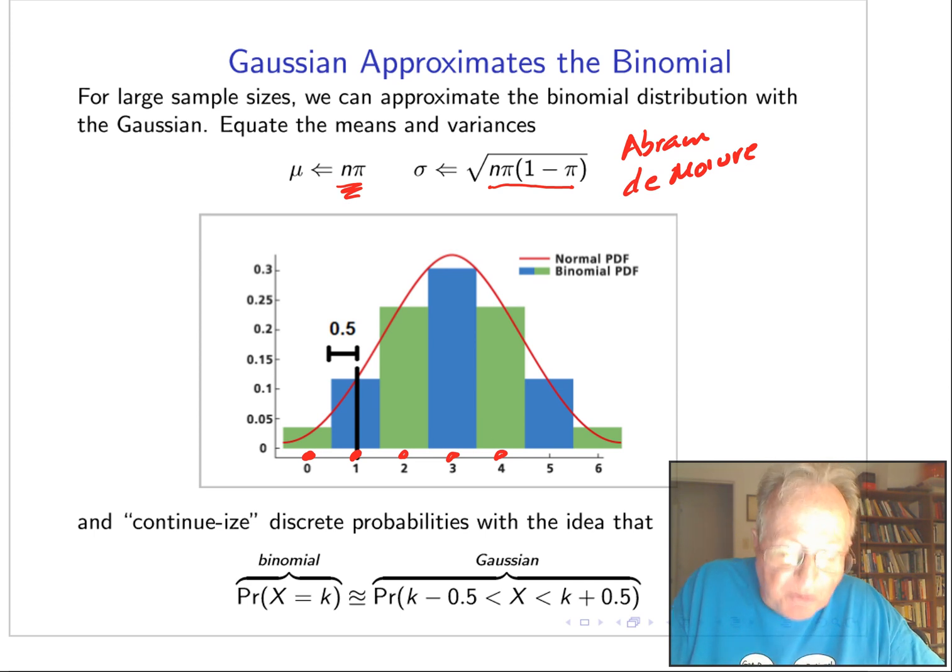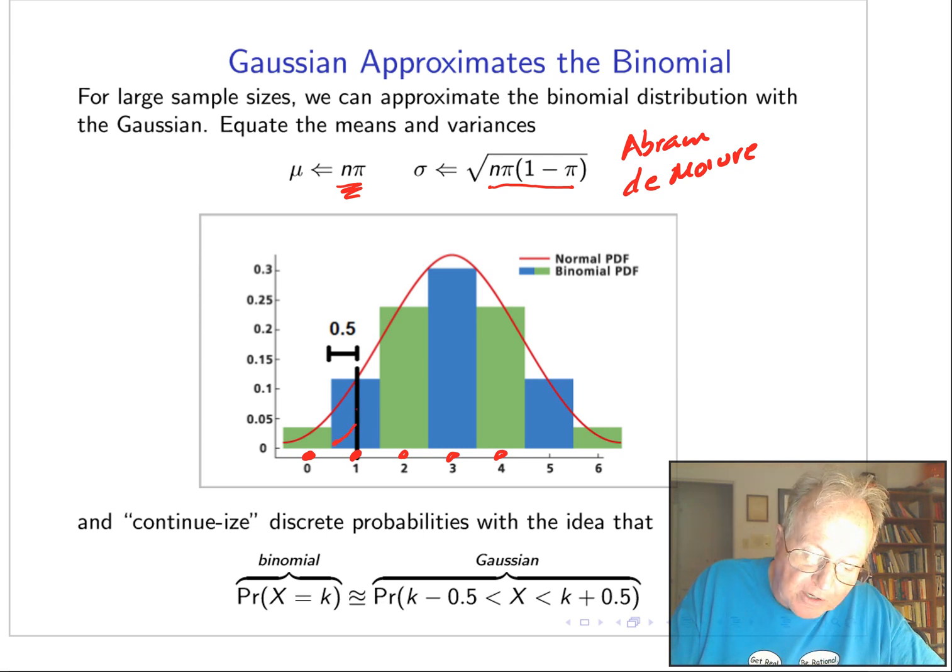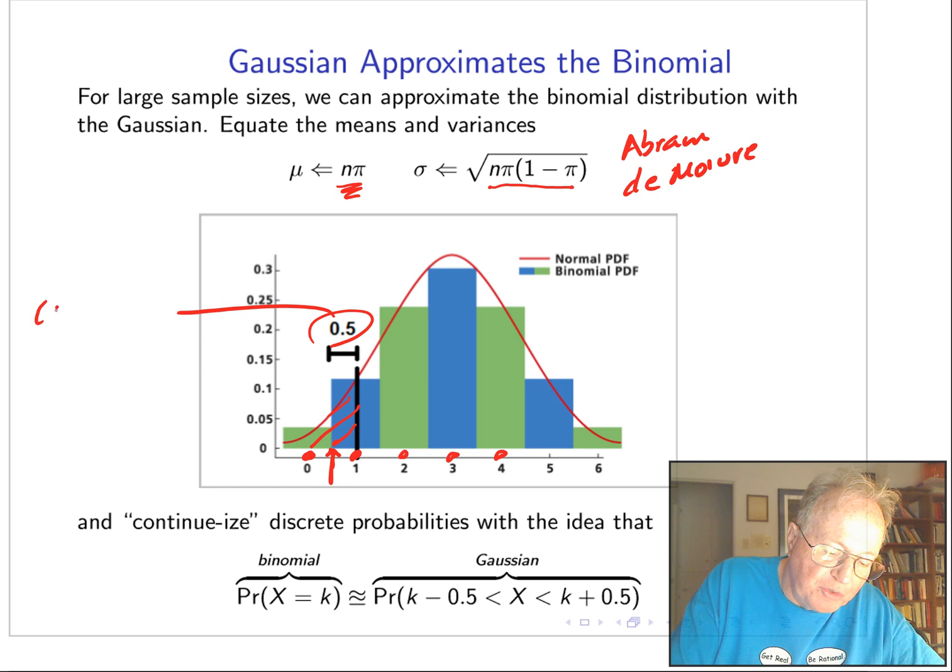So when we do the matching, what we have to look at is where are we calculating the probability in the tails from? In this case, this tail goes not to the end of the bar, but to the middle of the bar. And so that difference is 0.5. And this is what's called a continuity correction.